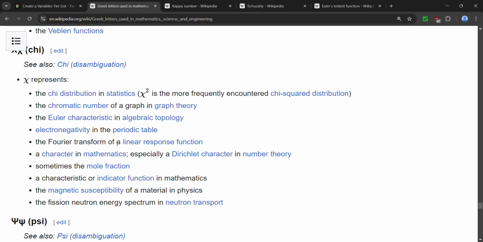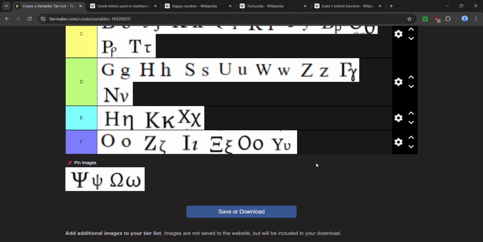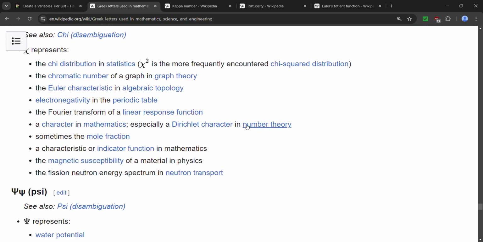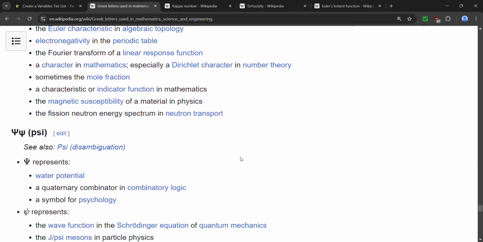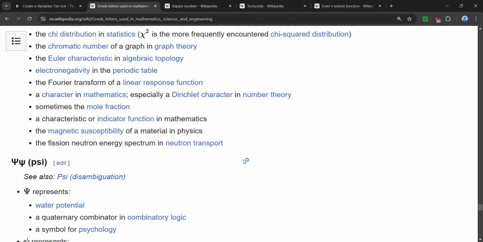These aren't great. I want to put it in E tier because I have actually used it a few times. I'm not going to tell you in which sense, but use some critical thinking and you'll be able to find where I've been using that. But I'm not going to just reveal that.